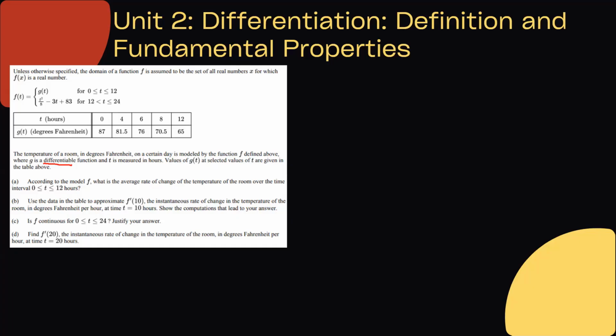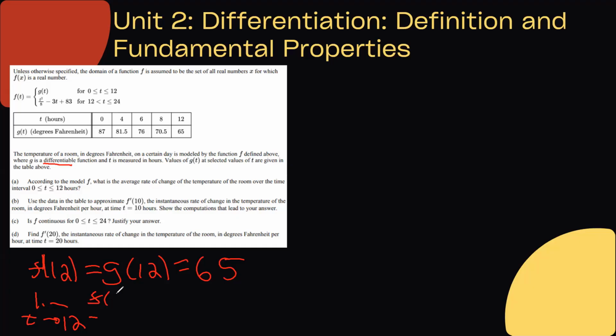And then the last piece is to determine whether or not the function is continuous at the point where the functions switch. So we know that f of 12 is equal to g of 12, which is 65. We take the limit as t approaches 12 from the left of f of t, which is going to be 65 also.